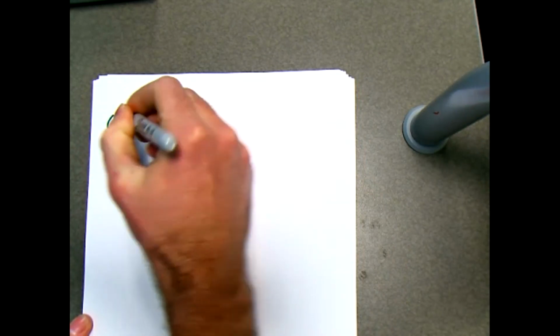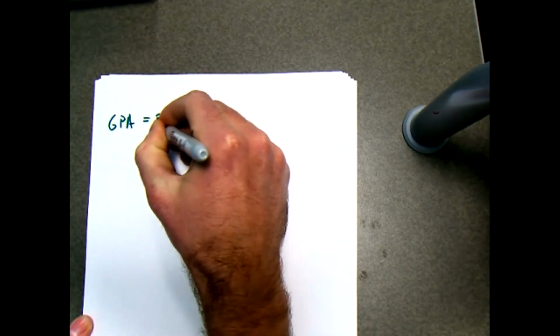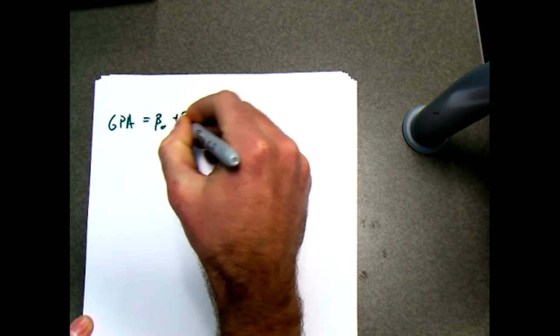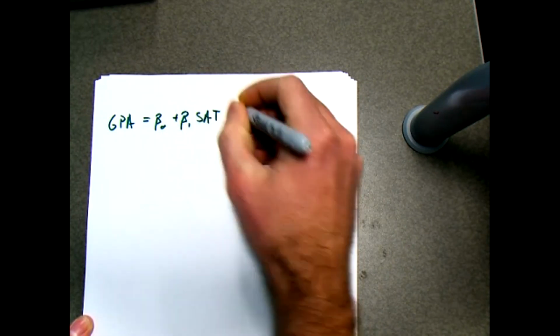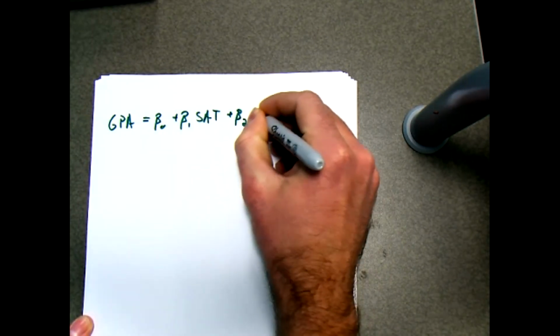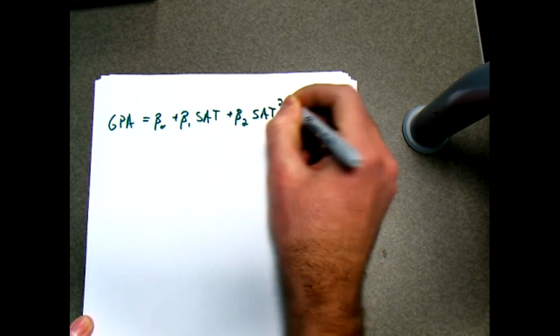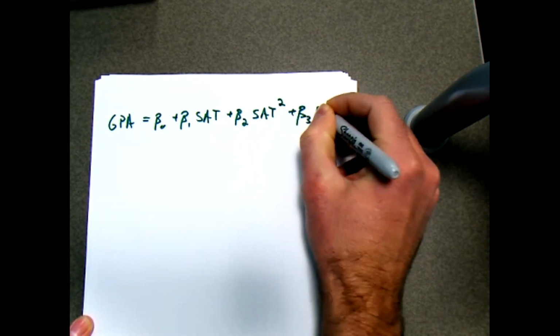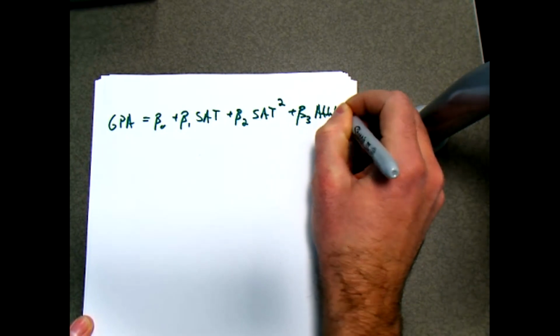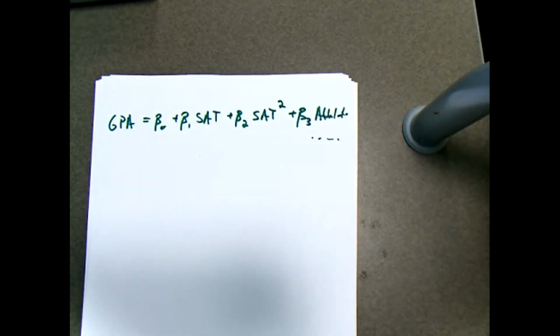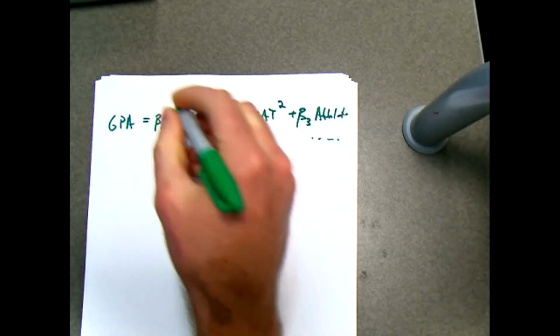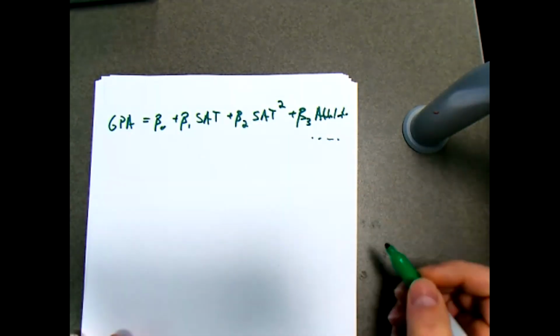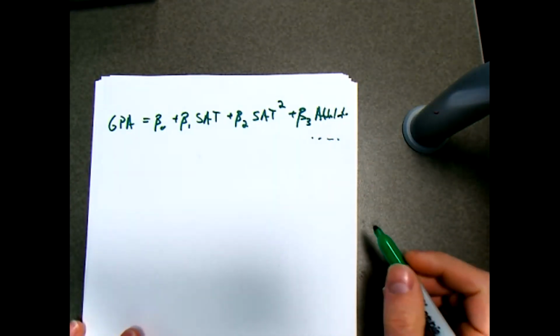if I had written out my regression equation, I'll shorthand it here: GPA will have some intercept, I'll have SAT, and let's for now say I include this SAT squared, athlete, all these other variables. Well, I can come up with the total effect of a 1 point increase in SAT score.